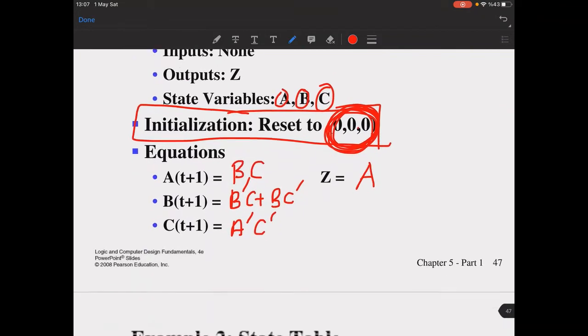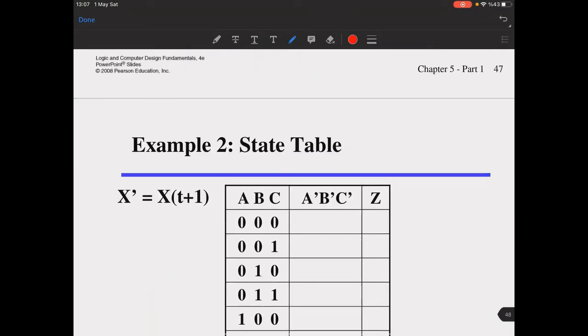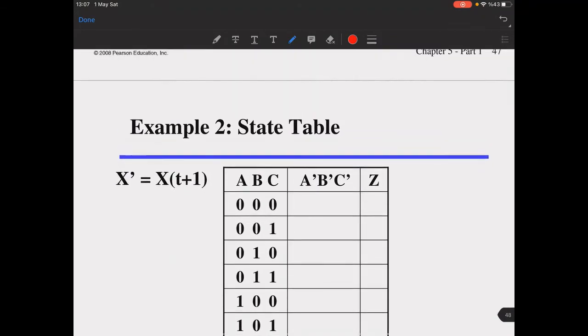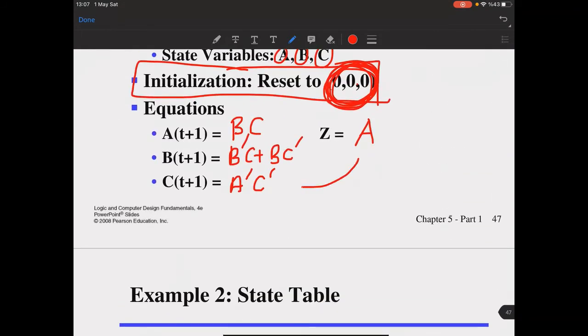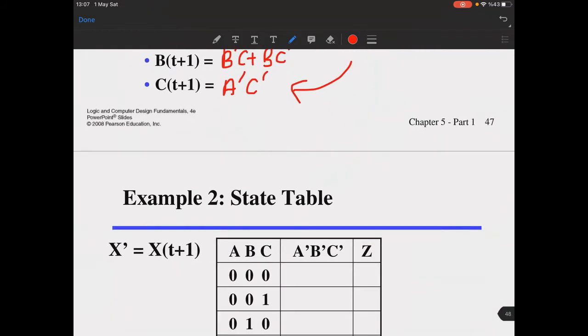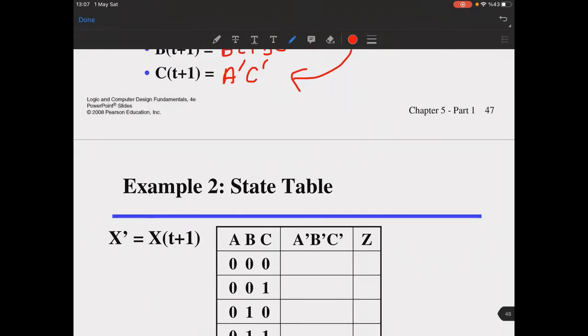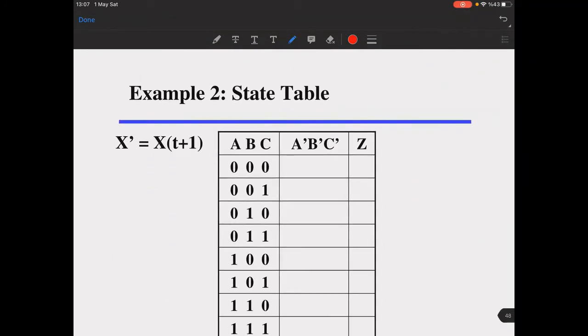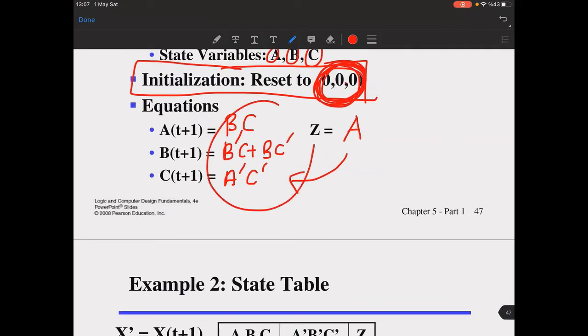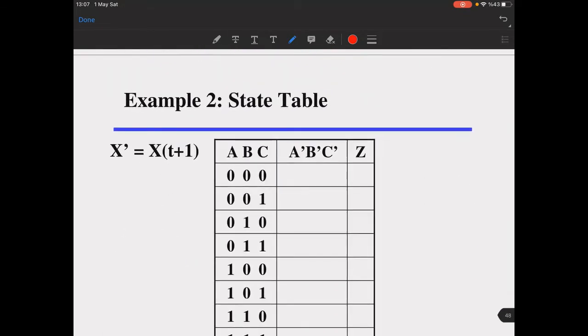So this is your state table. When you fill this state table by putting their corresponding values, for example, for A, while it is BC, it means that it will depend on it. And when you fill this table with corresponding values, it will look like this: 0, 0, 1, 0, 1, 0, with 0 output, 1.